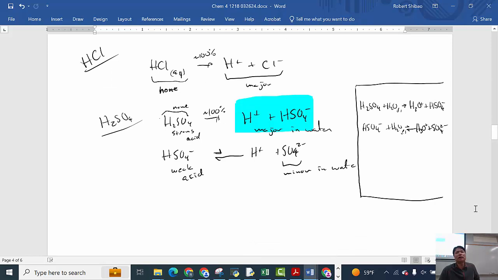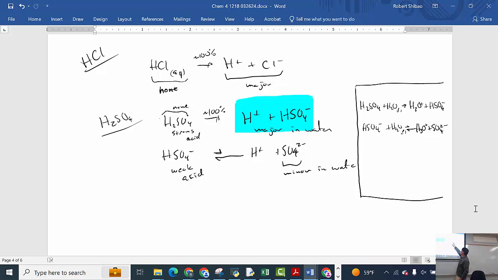All right, so I see a problem with H2SO4. Let me phrase this differently. The first hydrogen in H2SO4 comes off 100%. It's a strong acid. The second hydrogen doesn't. It's a weak acid. One way of thinking about it is that the second one has a much harder time dissociating. Another way of thinking about it is this.